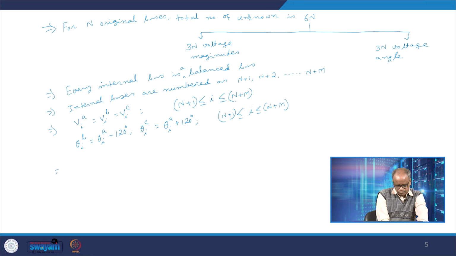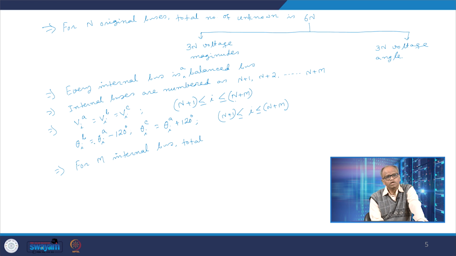So for m internal buses, the total number of unknowns: because of this we only have to calculate VIA and theta IA, because once I know VIA I can calculate VIB and VIC, and once I know theta IA I can calculate theta IB and theta IC.